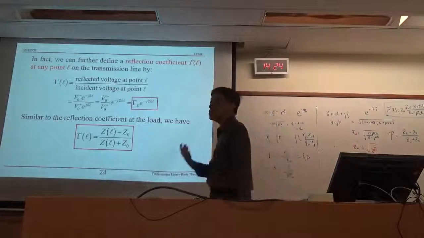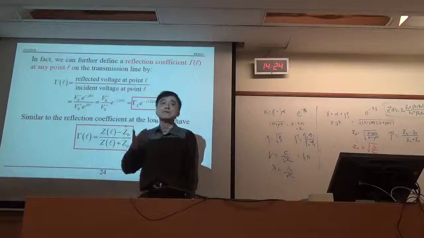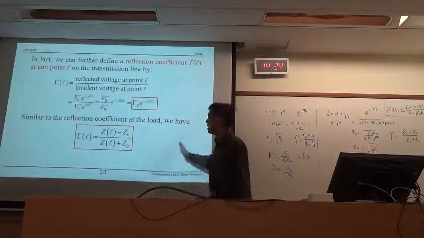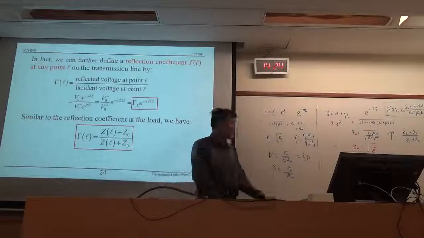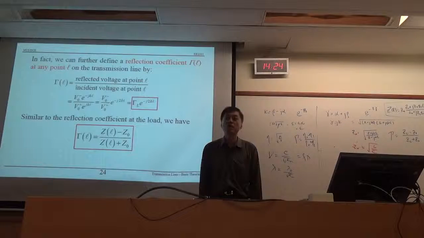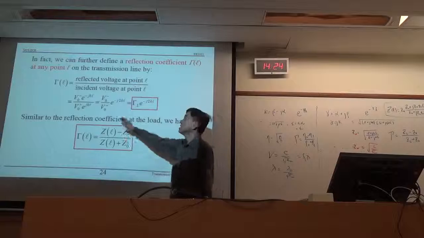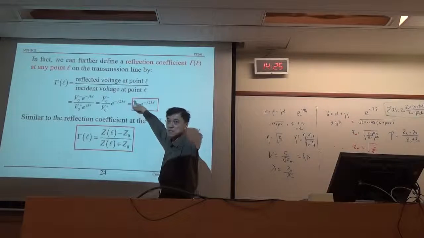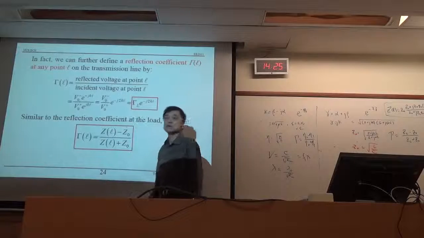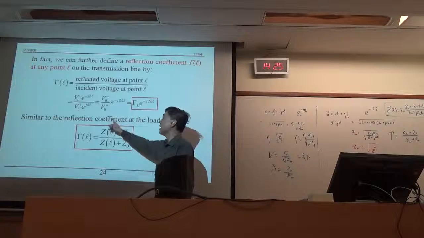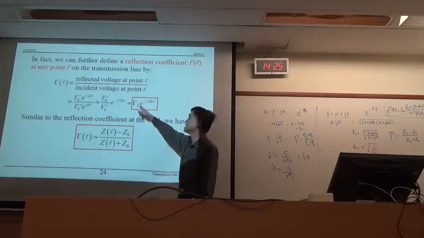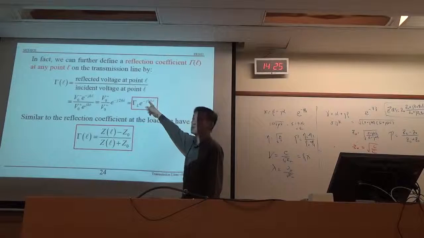Now, you also have the reflection coefficient at any point along the transmission line. Gamma L is at the load. The gamma at any point along the transmission line is gamma L e to the minus j2kL.